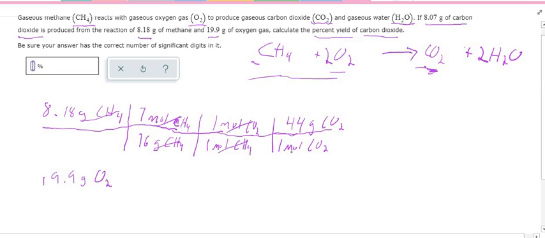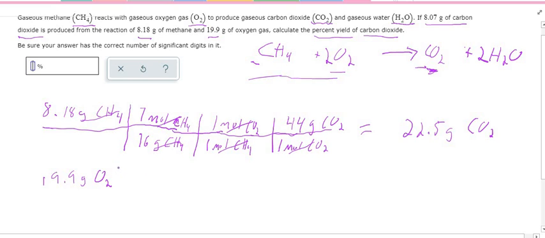And finally, my units cancel, and this is definitely a true statement. So when I do that math, how much CO2 would I produce from that amount of methane? If I do the math right, 22.5 grams of CO2. That's how much comes out if 8.818 grams of methane were there with excess oxygen.